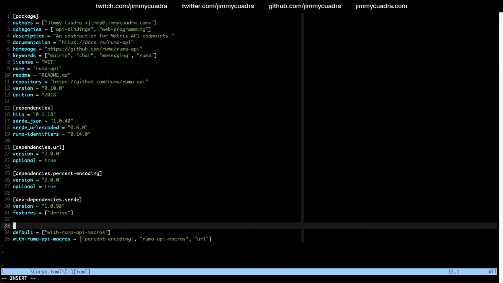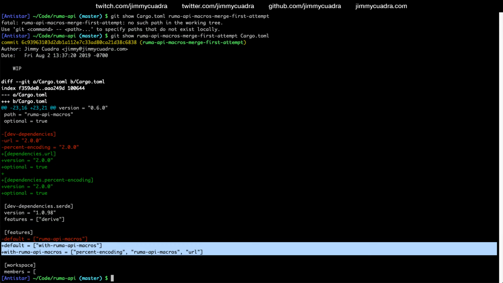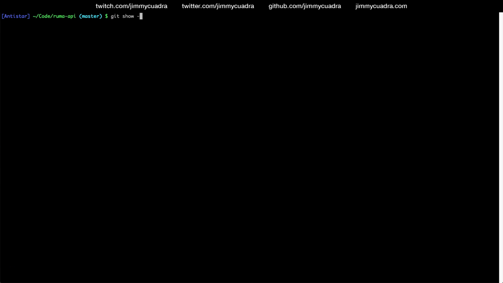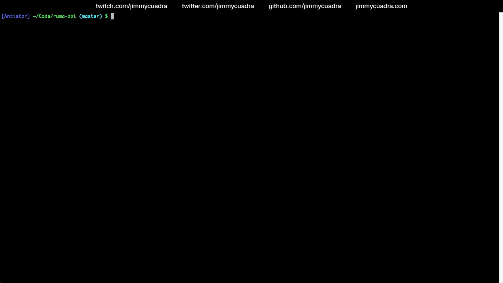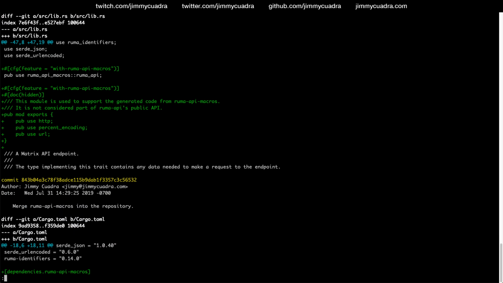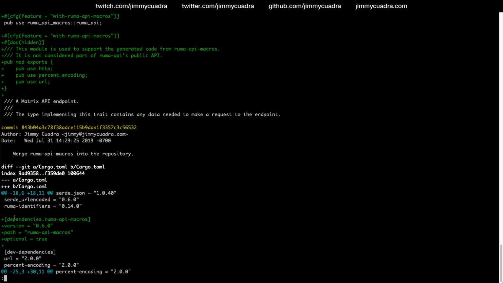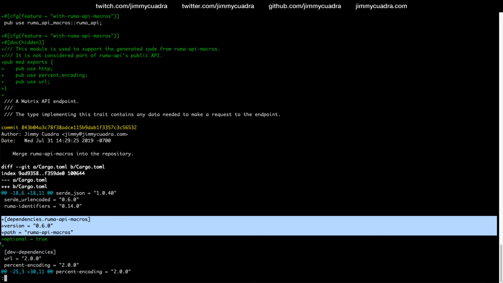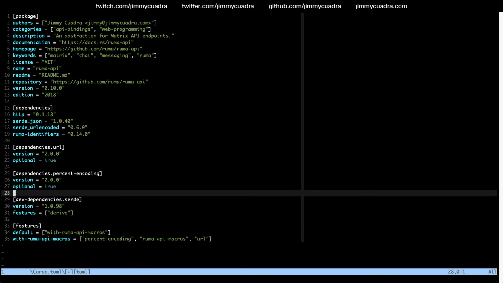And this is features. And then Ruma API macros show... No, that's not what I wanted. This is what I want. Where is the other cargo.toml? Yeah, this is the other thing I wanted, which is now depending on Ruma API macros itself.